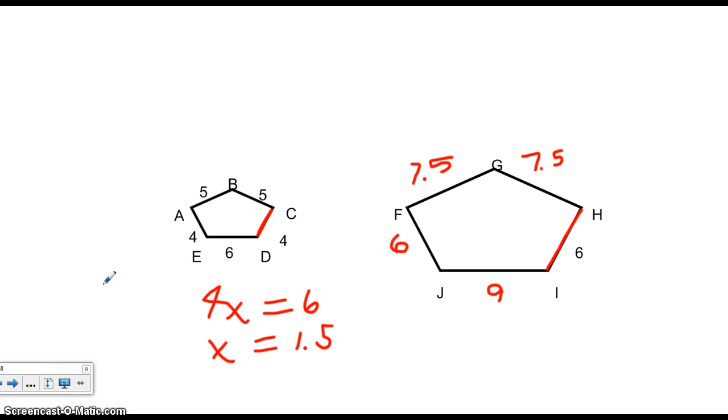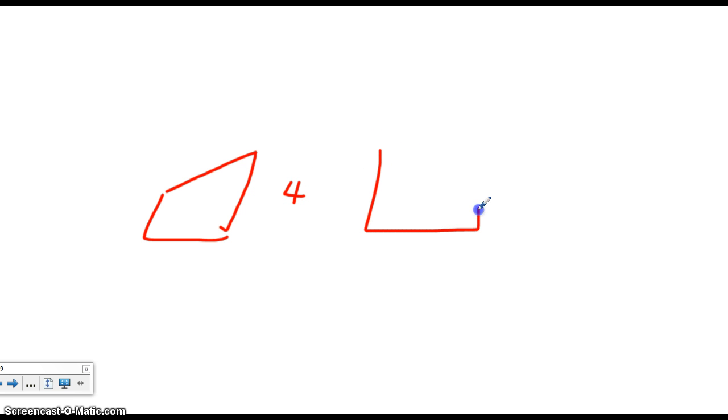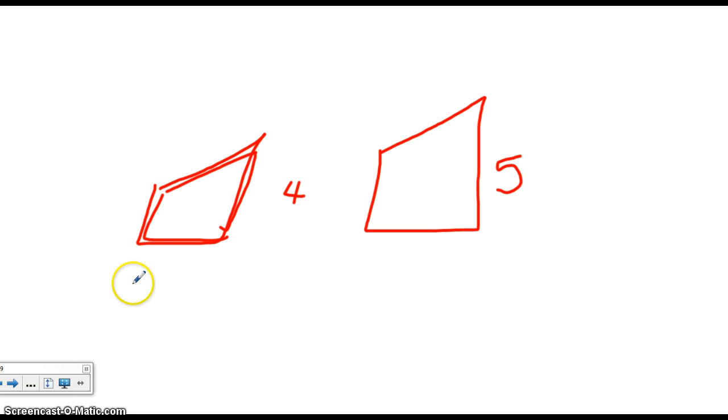I'd like for you to try number 4, and we have 2 diagrams here. We have a quadrilateral that looks like this. That's 4. And we've got this quadrilateral here. They're supposed to be similar. And this is 5. And the perimeter of this one is 12.